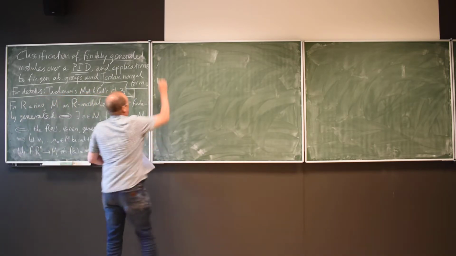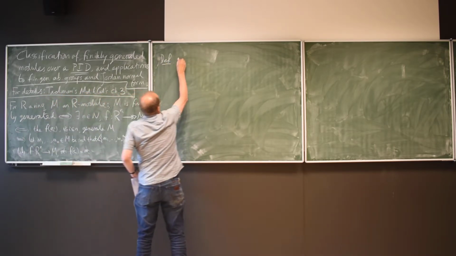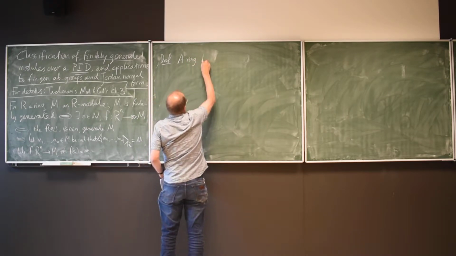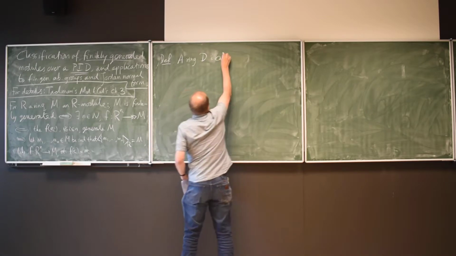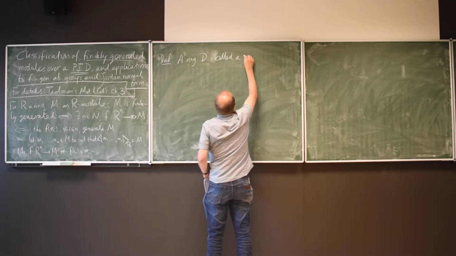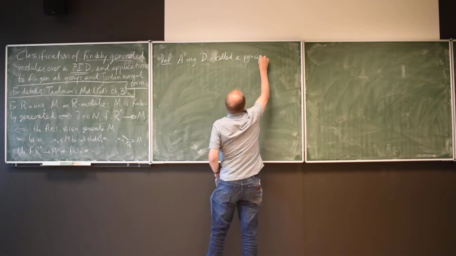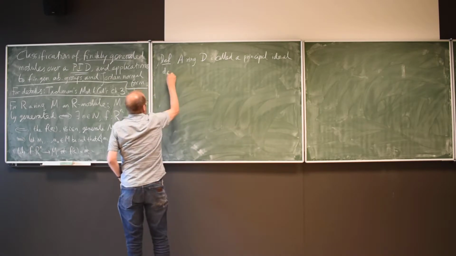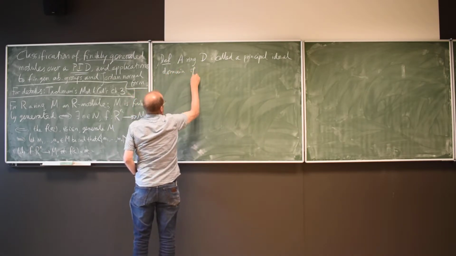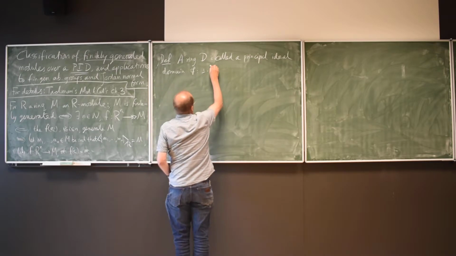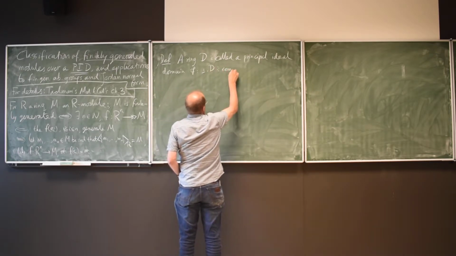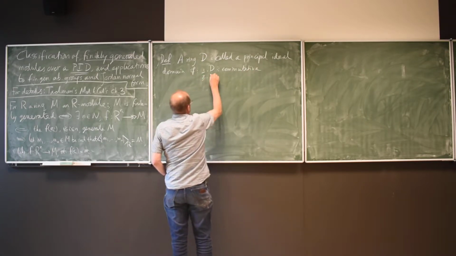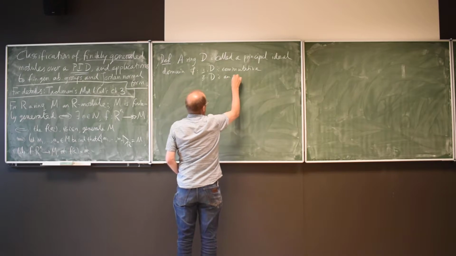So, definition, a ring D, I will remind you of this, is called a principal ideal domain if, first, D is commutative; second, D is an integral domain.